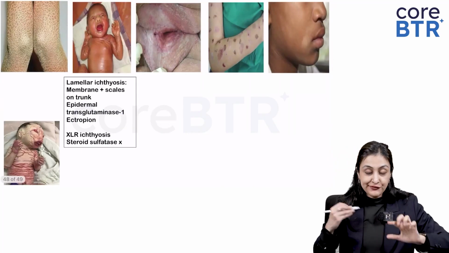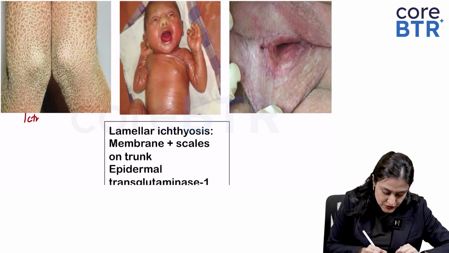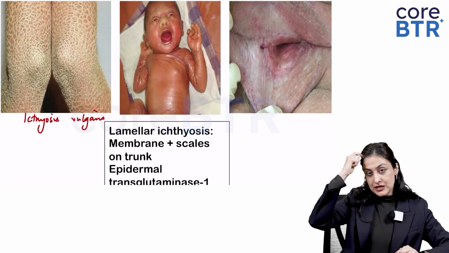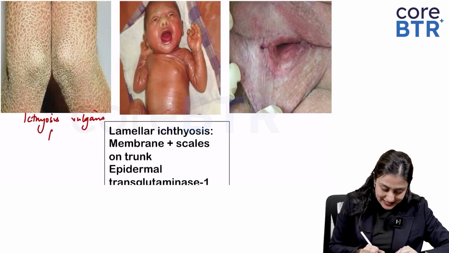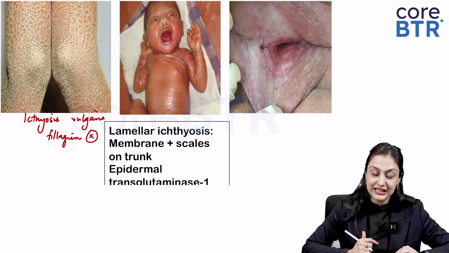Then we have ichthyosis spectrum. So this is the most common ichthyosis, something that we talked about, ichthyosis vulgaris. This is where we do not have filaggrin, remember. So because filaggrin is not there, dry fishnet scales, the limbs are commonly affected.